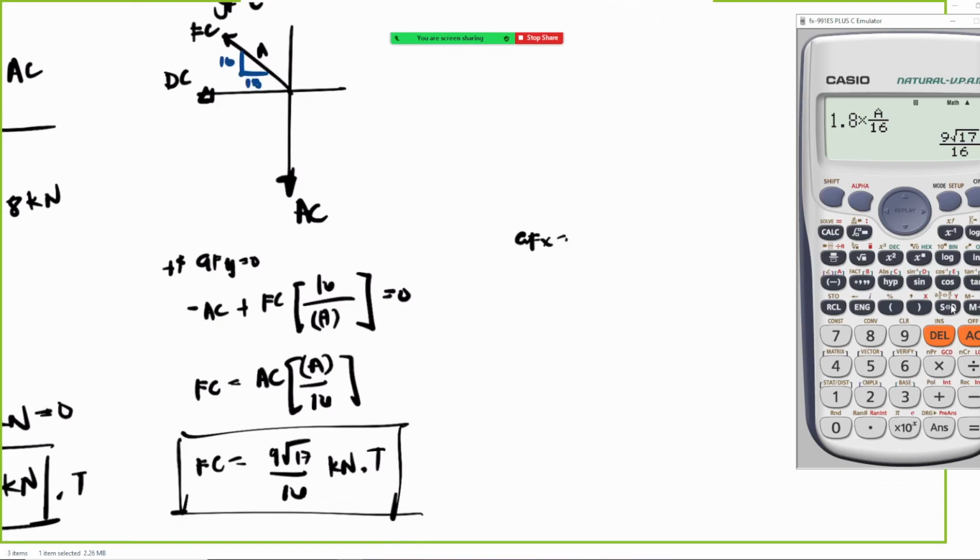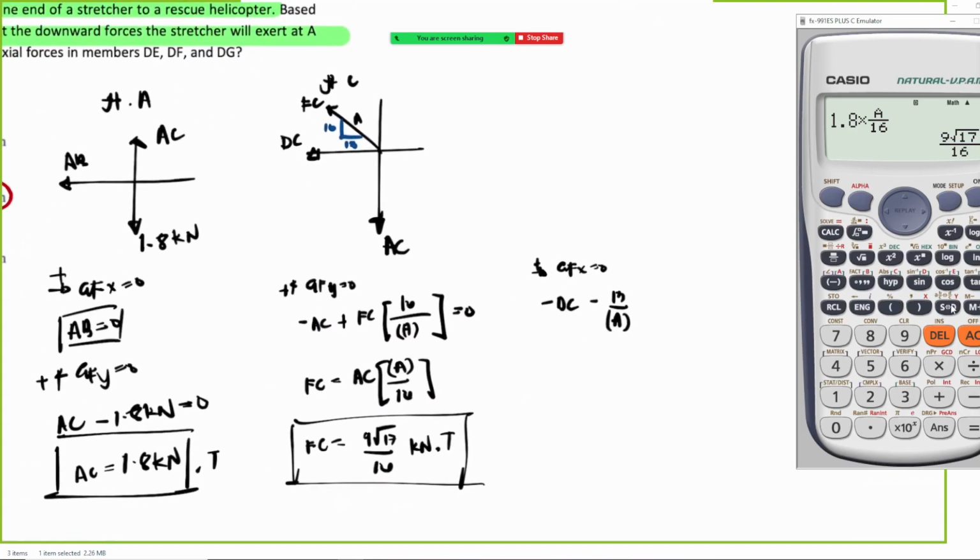summation forces X is equal to 0. Going right is positive. Negative DC minus 13 over stored value A times the value of FC is equal to 0. Okay? So, transpose, we have DC is equal to negative 13 over stored value A times 9 square root of 17 over 16.